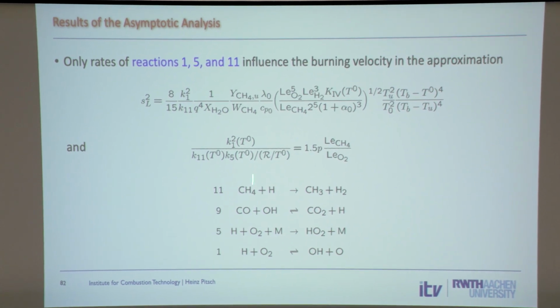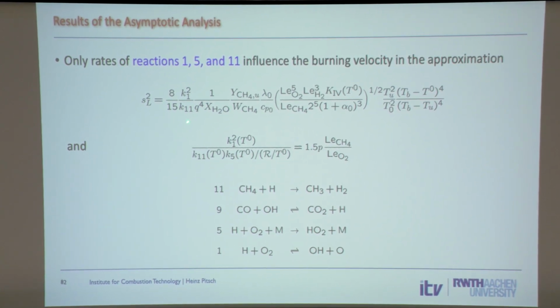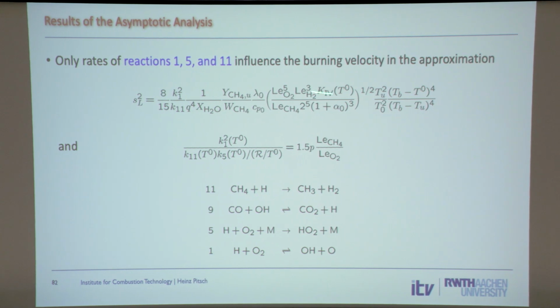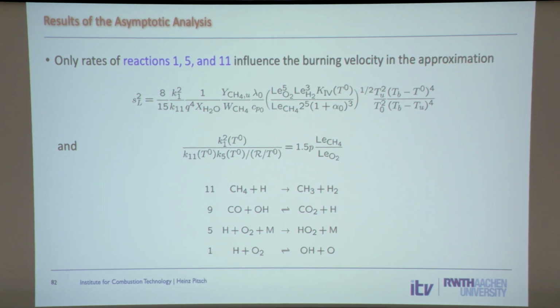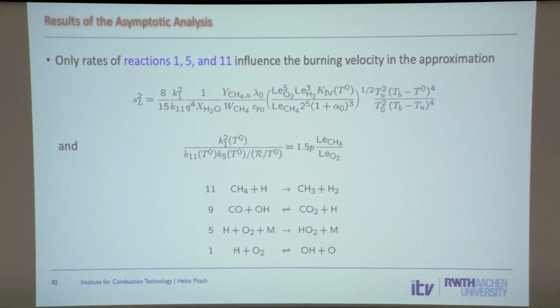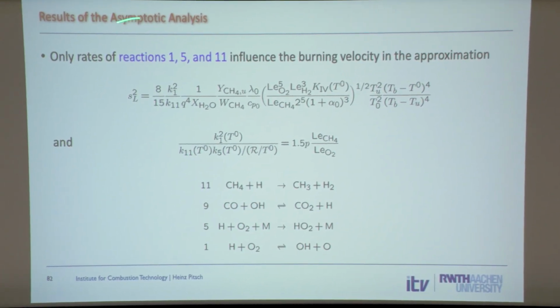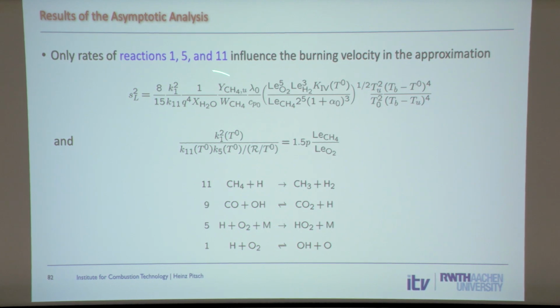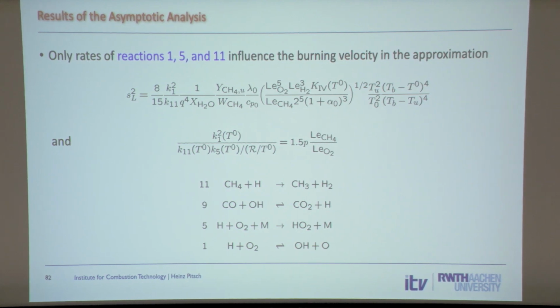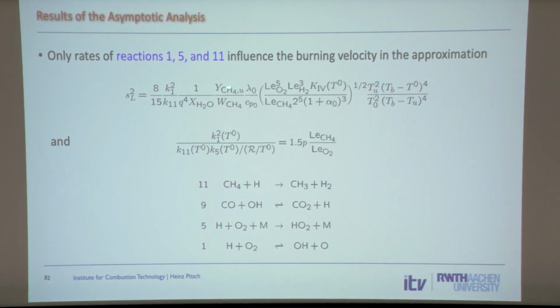Reaction 9 doesn't appear. Or does anyone see reaction 9? No, I think it's not here anymore, and that's a drawback. We know if you do sensitivity analysis, you see that the burning velocity is actually very sensitive to the rate of this reaction. But that's an approximation.